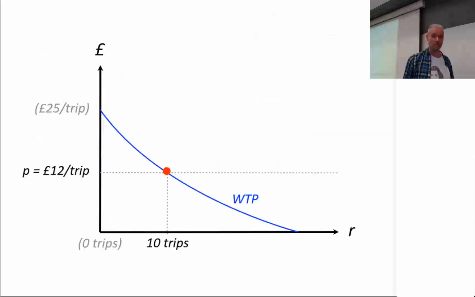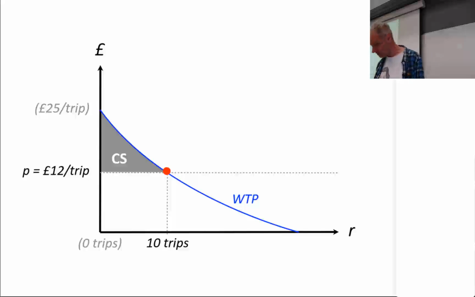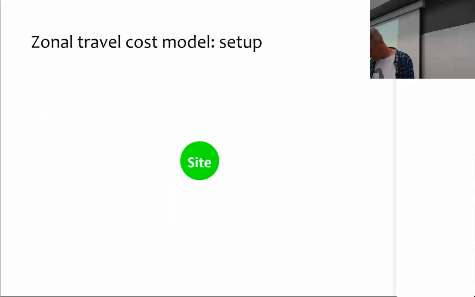That means we have a demand curve, and that means that we can integrate under the demand curve and find the consumer surplus, because it's no longer 1947. Right? So, what did Hotelling propose? We're interested in the value of site 1.